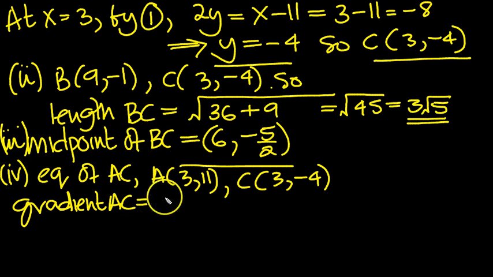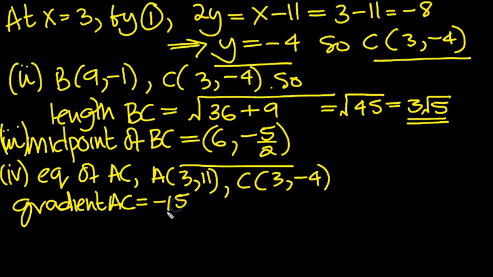It is equal to, well, it will be the increase in y. AC goes upwards. This is lower than this. Oh, they both have the same x coordinate, 3 and 3. So basically we're going to get 0 underneath. The y change, if we went from A to C, is a drop of 15, isn't it?